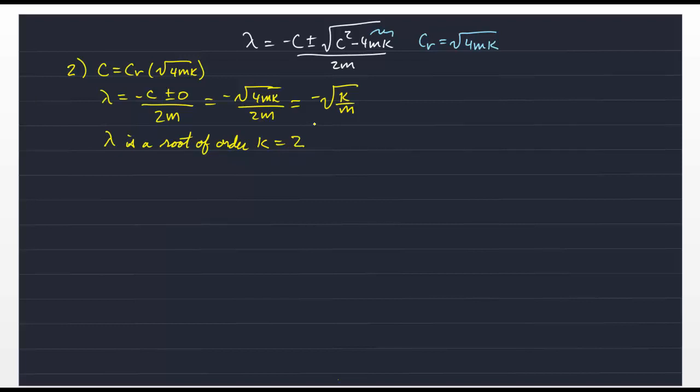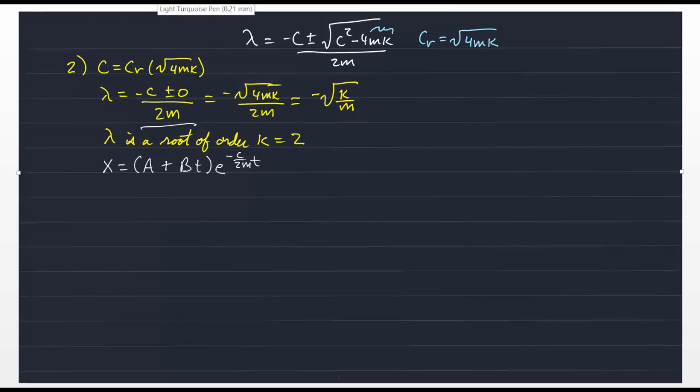And so we have a repeated root, and so our solution for x is proportional to e to the minus c over 2m t. But since it's repeated, we need first the constant coefficient, and then we have to add a linear function of t. So we'll say b times t.